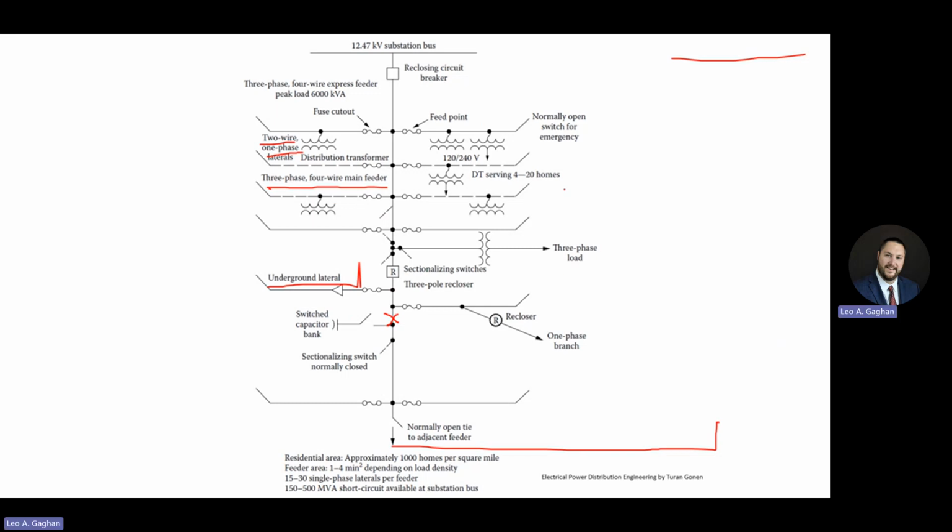You could actually close that normally open switch, let's say if this breaker was out of service for maintenance. I don't know why PowerPoint jumped on me like that. But if that breaker was out of service for maintenance, you could actually feed both circuits from one breaker.